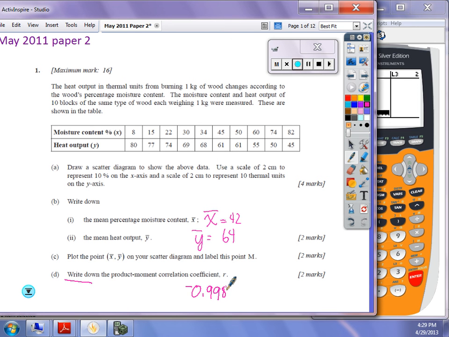So you'll round up to 0.998, and there are our 3 significant digits. Make sure that you indicate that that correlation is negative. You'll get a point for having the negative and a point for having 0.998 rounded correctly.